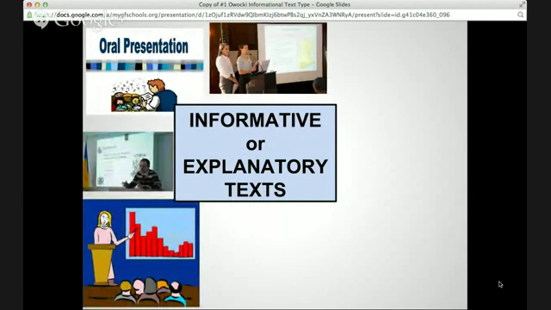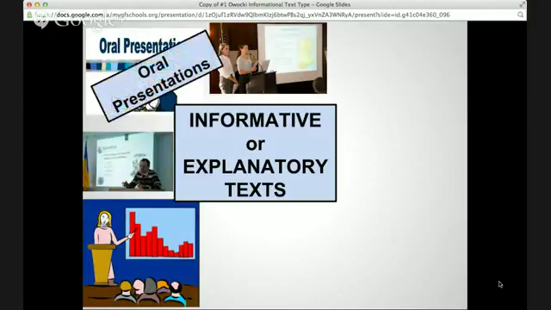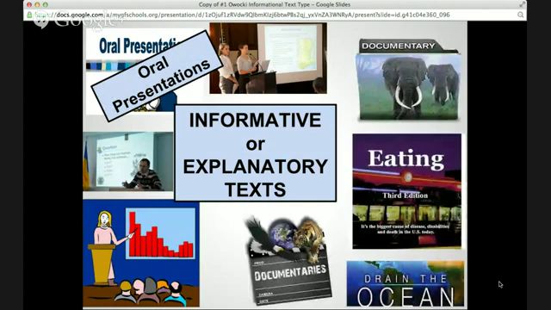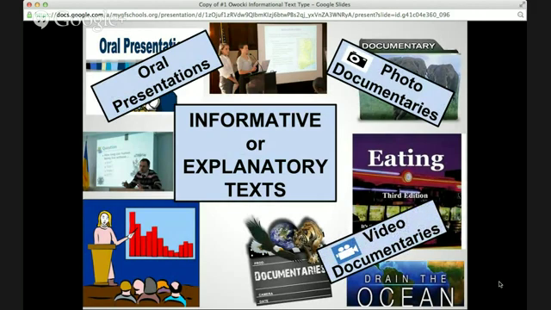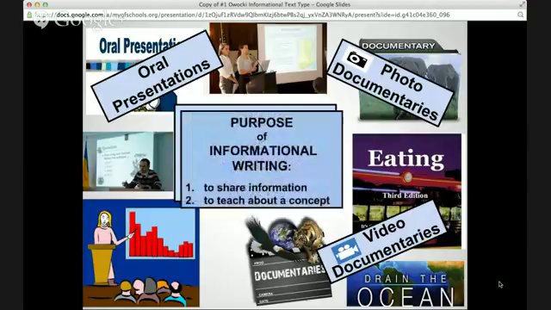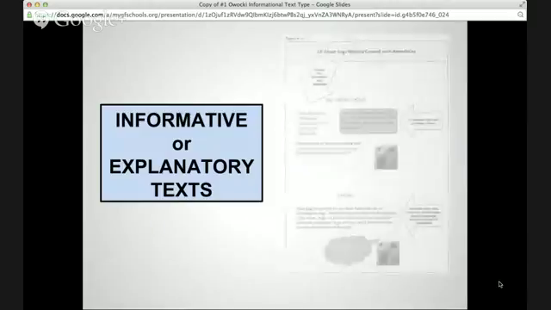Oral presentations: the research reports that we do now, there's a focus to take that into an oral presentation of information. The informational documentaries where kids are taking photos, doing photo documentaries, video documentaries, and again, with the intent to share information or to teach about a concept.